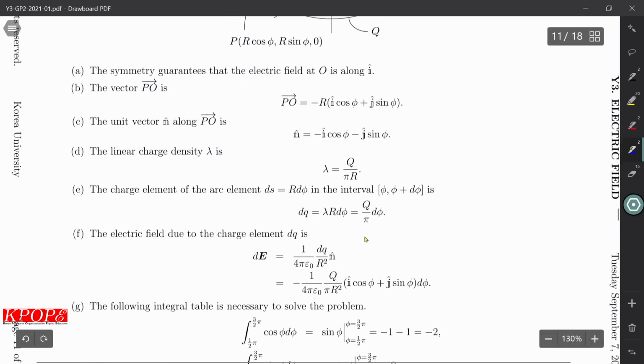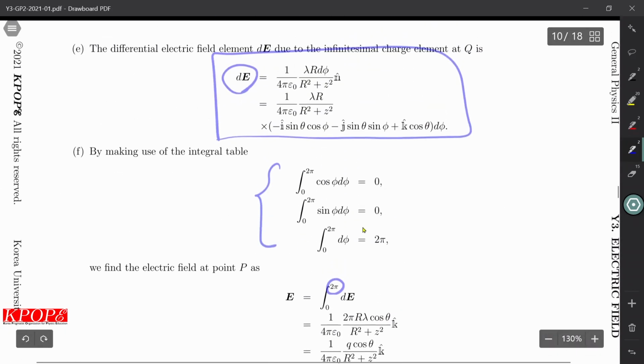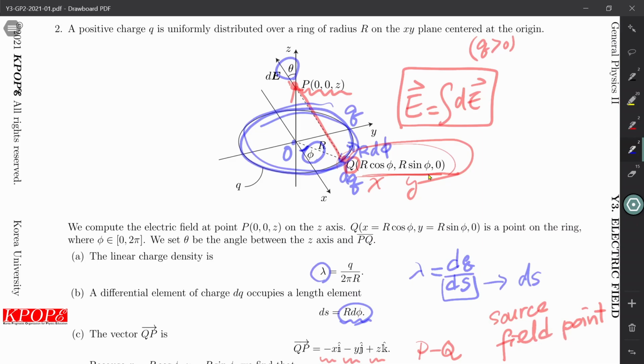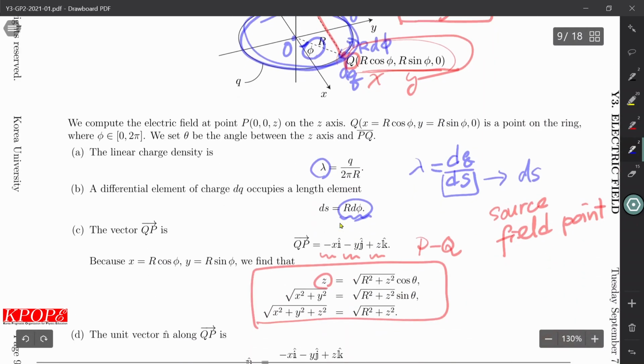Once we can evaluate the electric field due to a circular charge distribution, we can generalize this result into a ring.